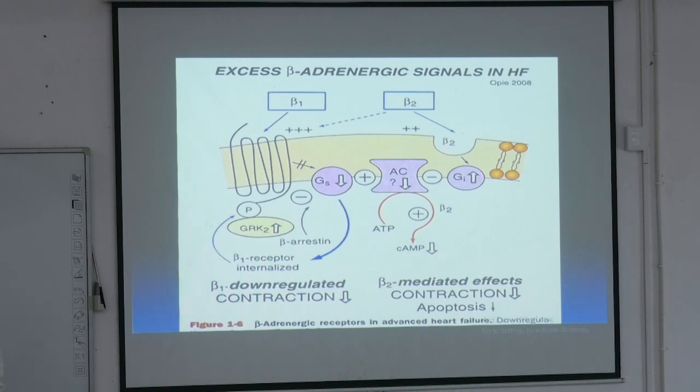After that it will bind with beta arrestin. This beta arrestin will cause detachment of the receptor from the G protein, and there will be beta 1 receptor internalization. That is known as the desensitization of the beta receptor.